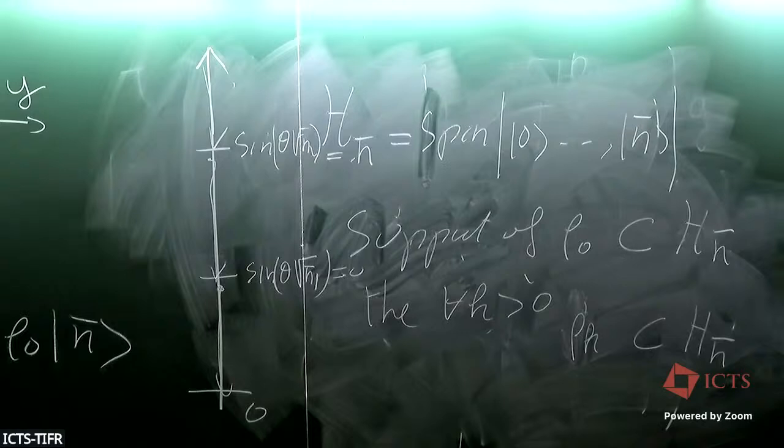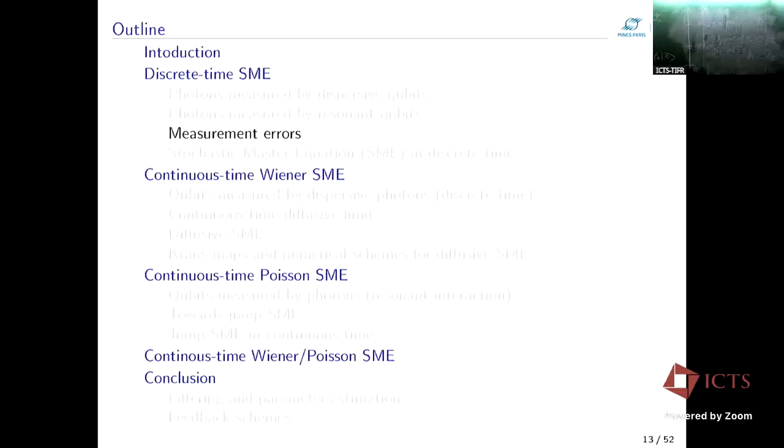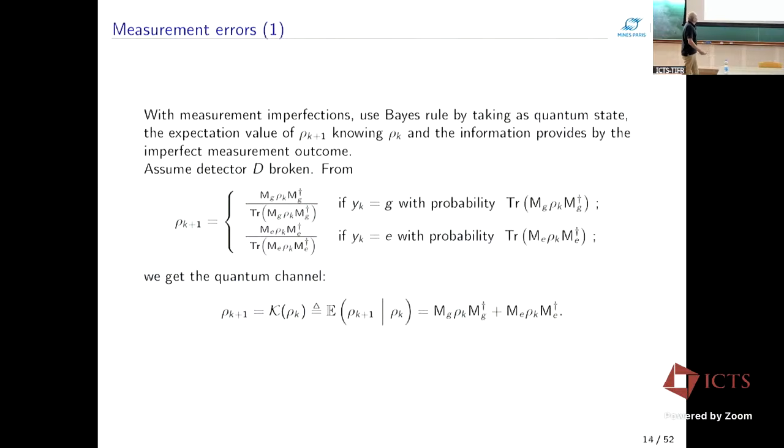But what I presented is something where the measurements are perfect. But in practice, nothing is perfect. I'm not perfect, of course, but the experiment is not perfect. So what's going on, typically? Imagine that your detector is broken.